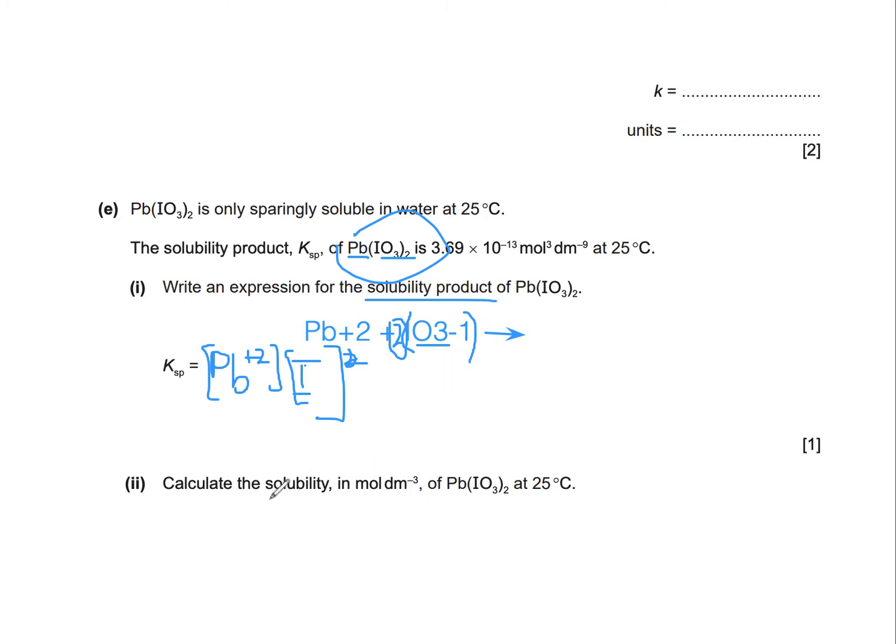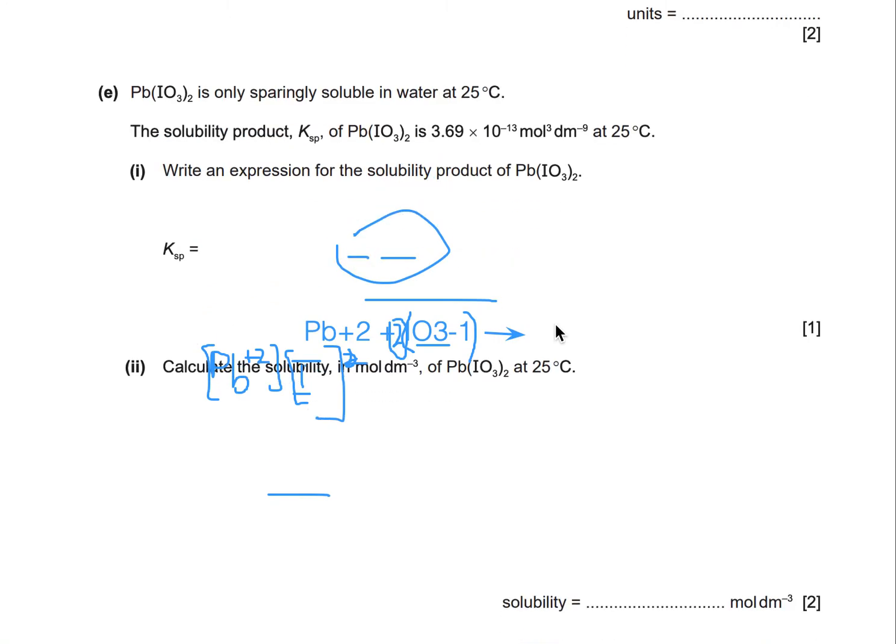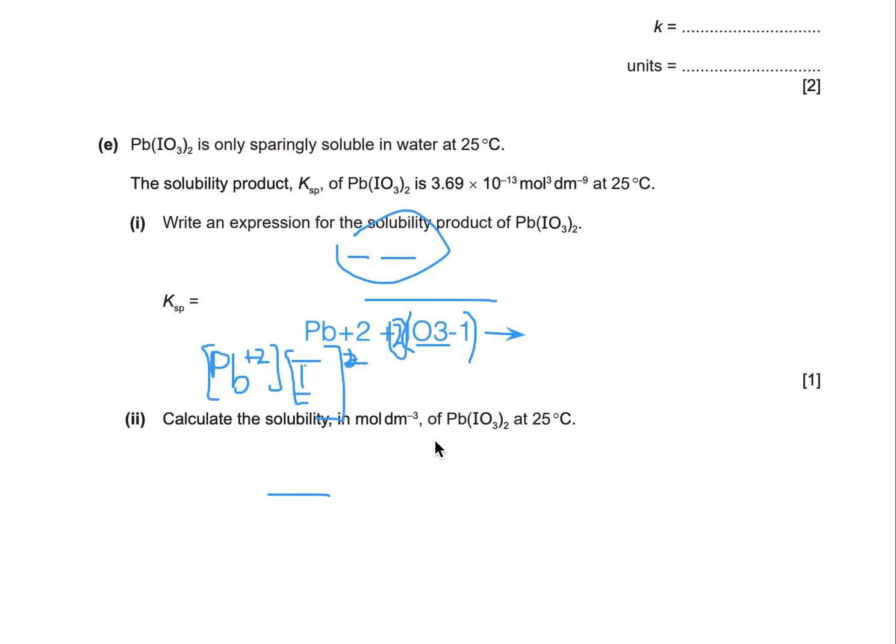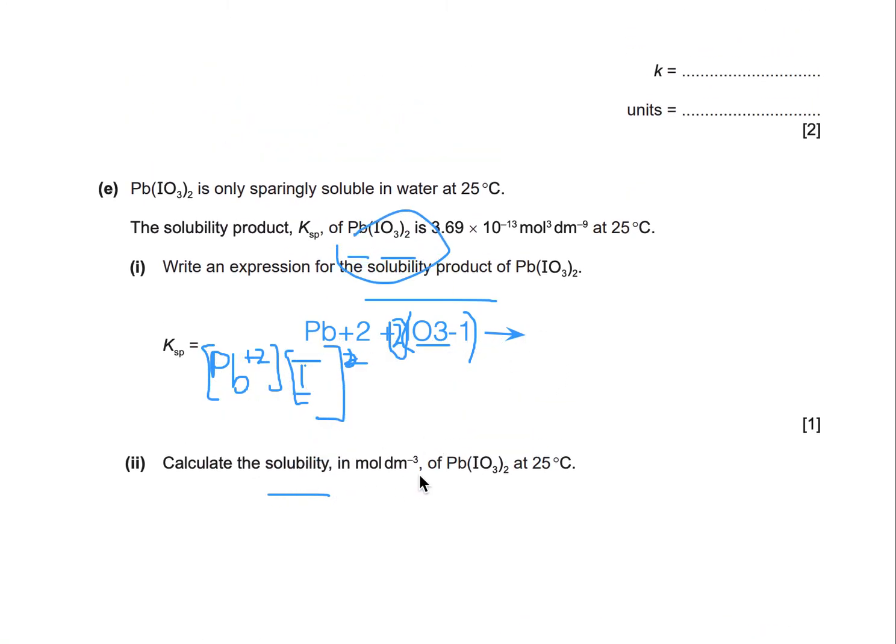Now it says we need to calculate the solubility. So this is the solubility. Now we assume that the solubility of Pb plus 2 is x.